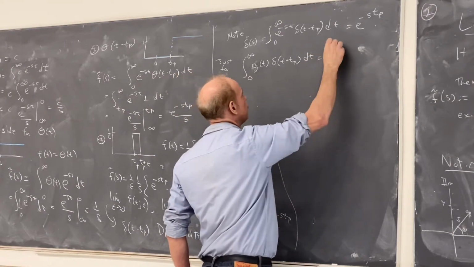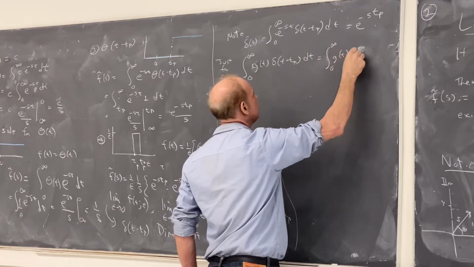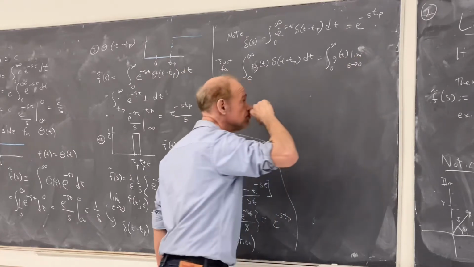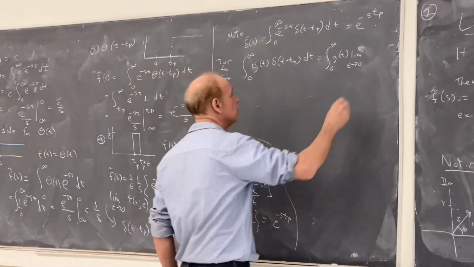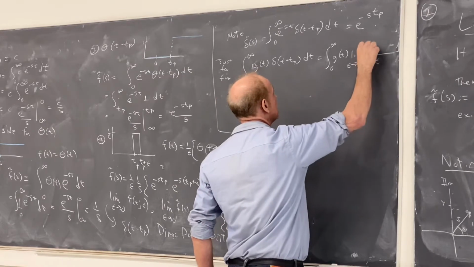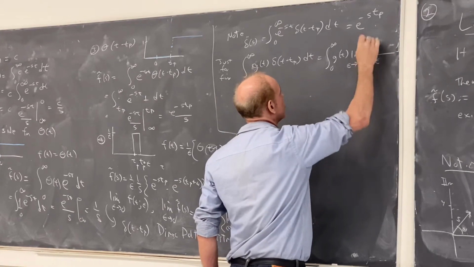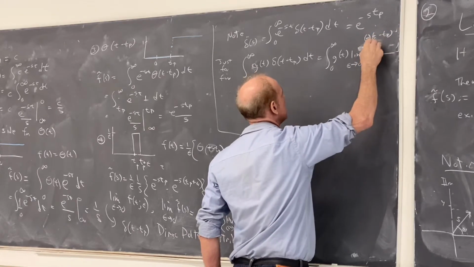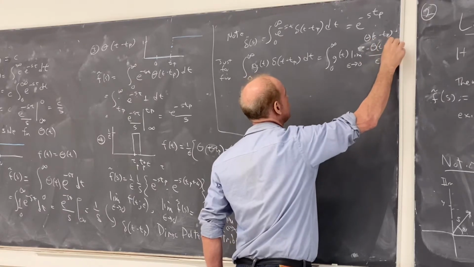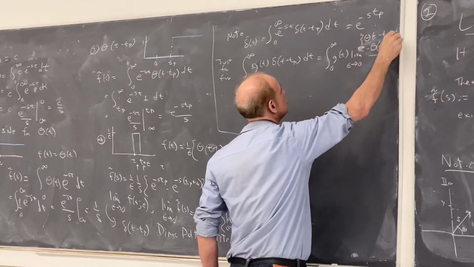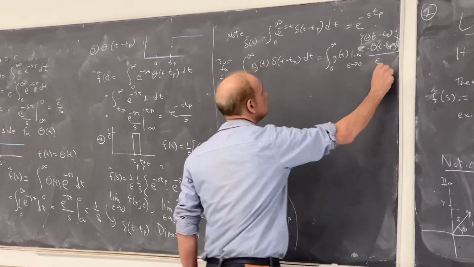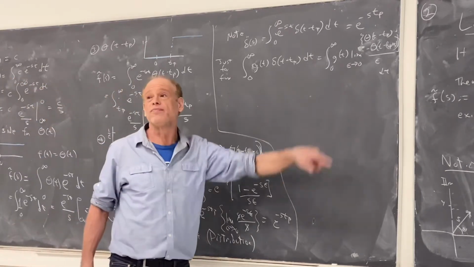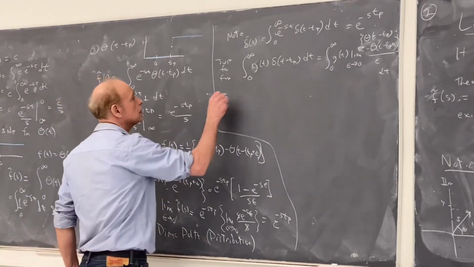It's the integral from 0 to infinity, g of t, times the limit as epsilon goes to 0 of 1 over epsilon times theta of t minus tp minus theta of t minus tp plus epsilon, dt. Sorry, I crammed it in that corner of the blackboard. Basically, I just copied this thing over.